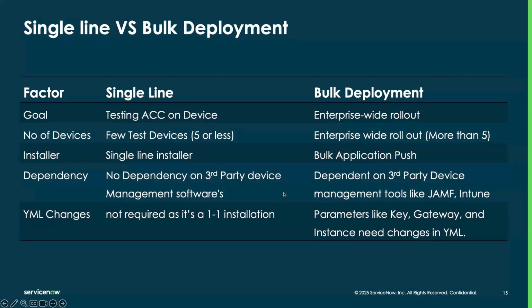In case of the single line installer or the manual one, there are no changes required in the YAML or configuration file since it's a one-on-one installation, so straightforward. However, if you're targeting bulk deployment, you might need to tweak parameters in the configuration files, like the agent key, the gateway URL and instance, which need some changes in the YAML file or configuration file.